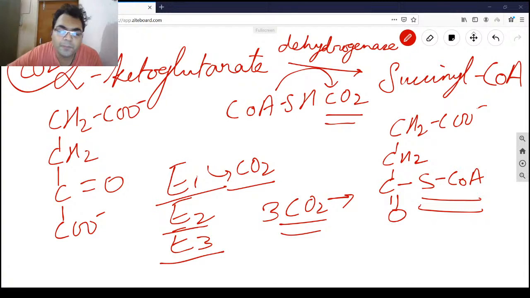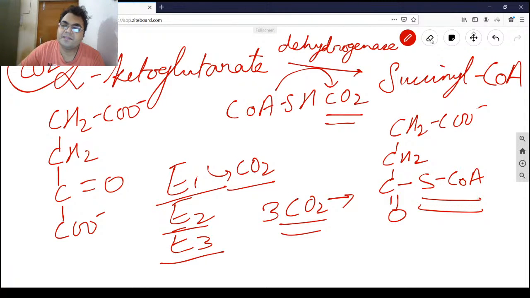When we talk about oxidation of isocitrate to alpha ketoglutarate, what happens is, in this dehydrogenase enzyme, manganese is an important cofactor. Manganese is needed in the active site in order to activate this dehydrogenase enzyme. Very important fact. Always remember Mn2 plus.